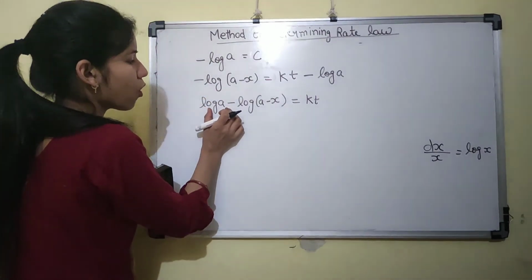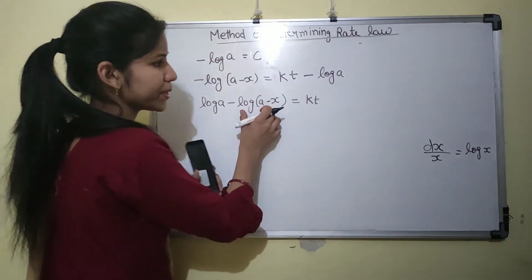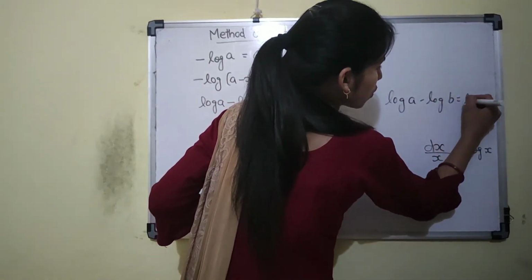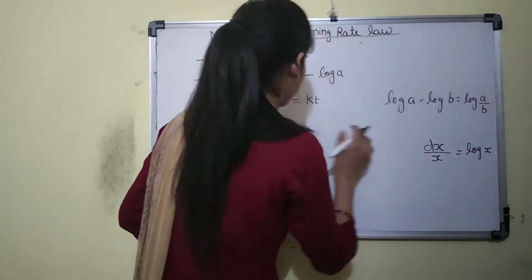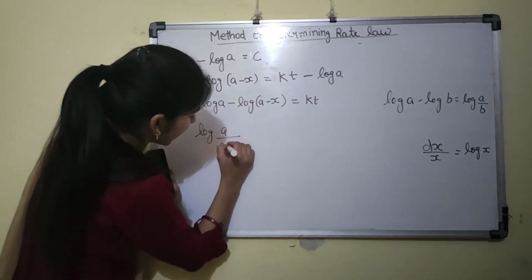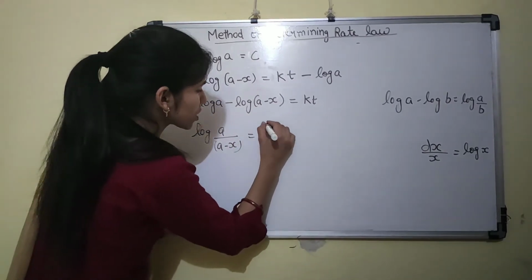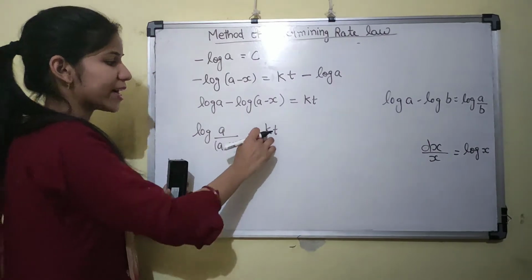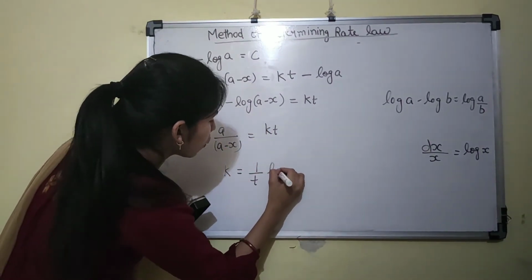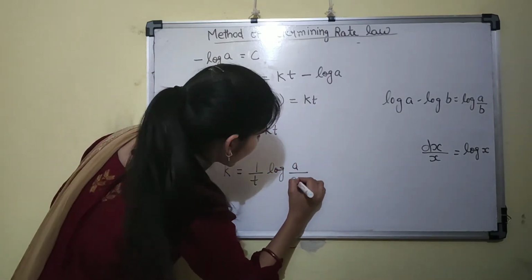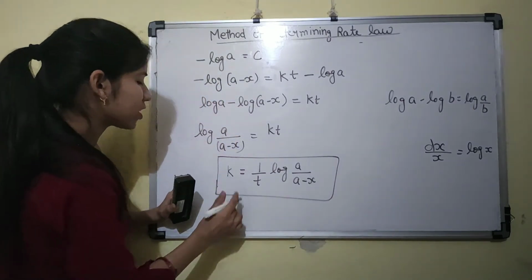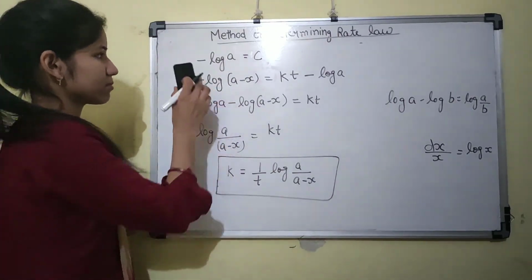And log of A minus log of B is equal to log of A by B. So log of A divided by A minus x is equal to kt. Now find the value of k from there. So k is equal to 1 by t log of A divided by A minus x. So this is the rate equation for first order reaction.